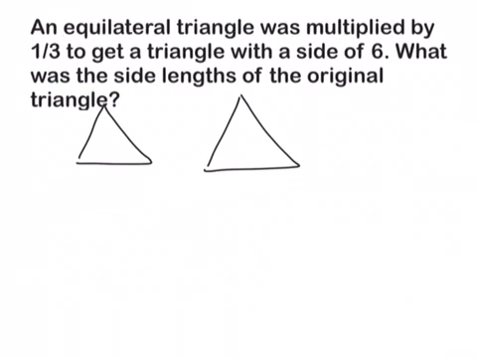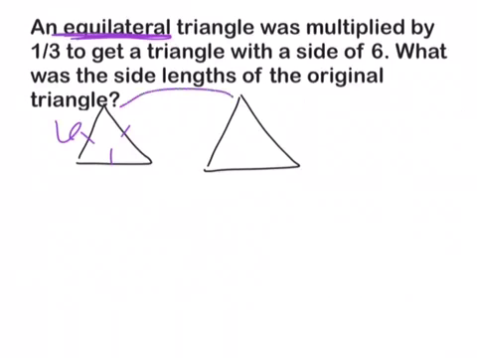Okay, so let's look at this problem. An equilateral triangle was multiplied by 1/3 to get a triangle with a side of 6. What was the side length of the original triangle? First of all, I want you to notice that it says equilateral, which tells me all sides are the same. So if this one's 6, that means they are all 6. Now, what happens when I multiply by a fraction? It gets smaller.